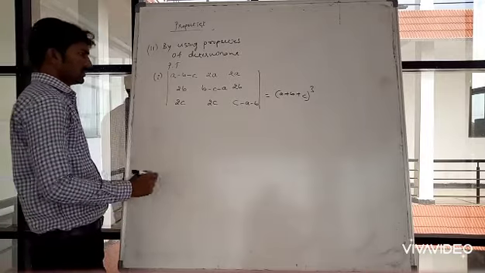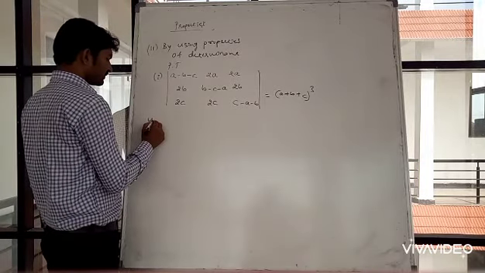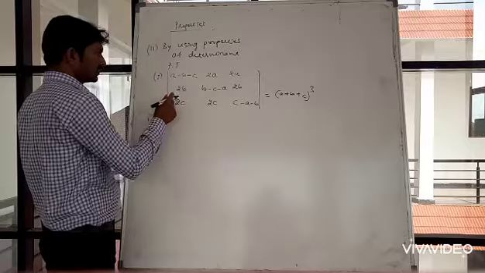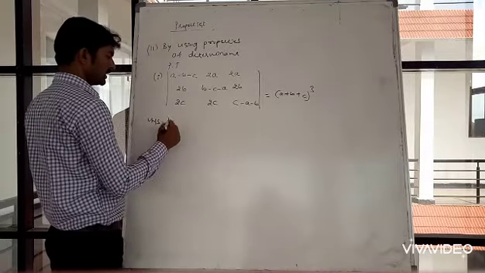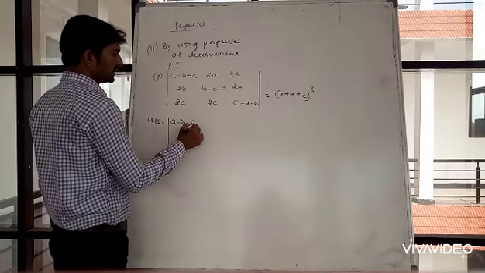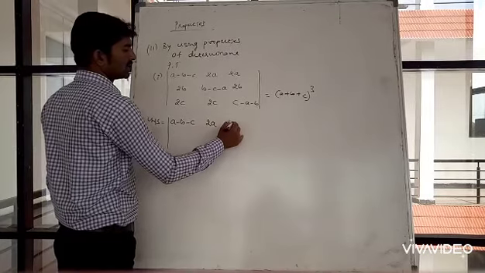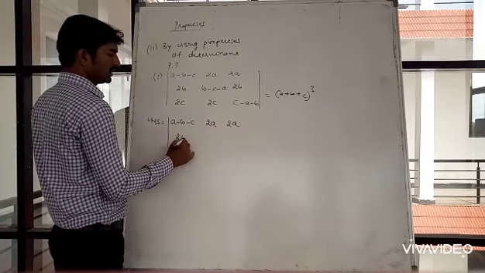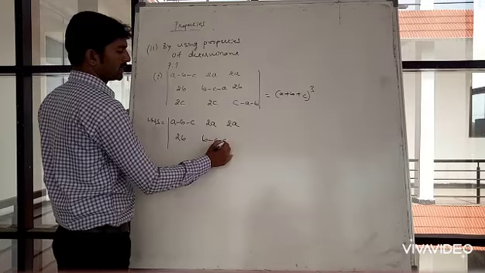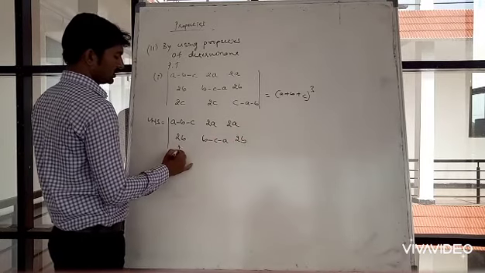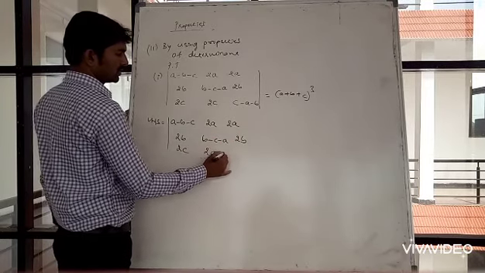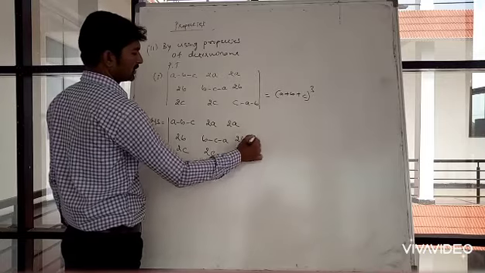Okay. So consider LHS here. This is LHS. Write once again. A minus b minus c, 2a, 2b, b minus c, 2b, here 2c, c minus a minus b.